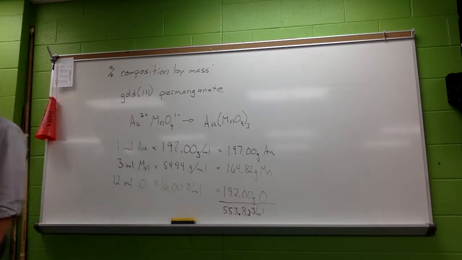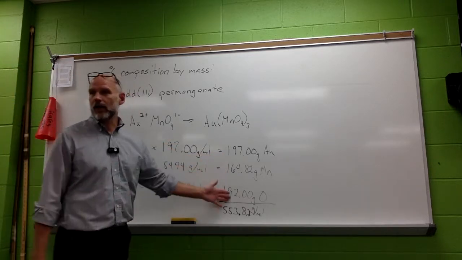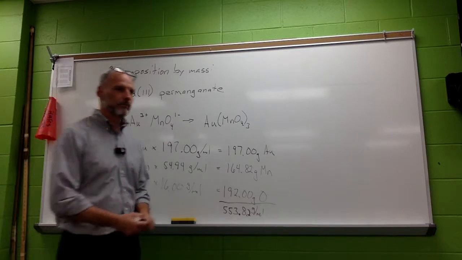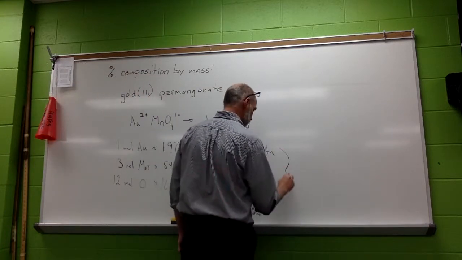Okay, now remember, what are we trying to do? We're trying to find the percent composition by mass for each element. So it's like the 3 brown eggs in a dozen. What are we going to do? Take each of these and divide by the total, multiply by 100. Can't screw it up.